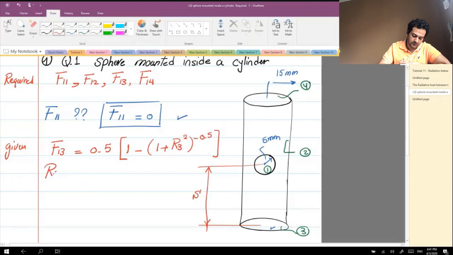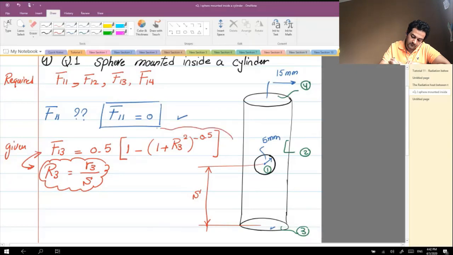Alright, and R3 is the radius of the bottom circle over the distance, right? Okay, and both of them are given to you.